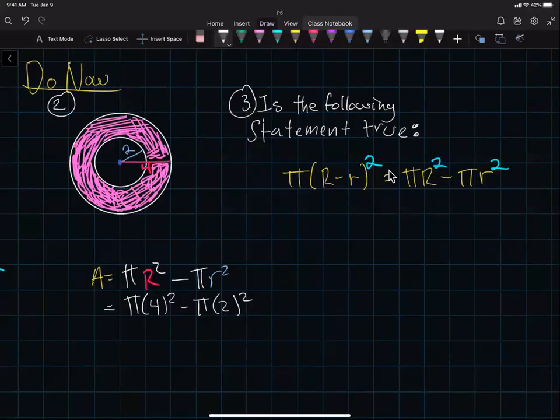Come on, even if you don't know the answer, just make a quick guess. Do you think that pi times parentheses capital R minus lowercase r squared should be the same as if you distribute the power of 2 to the things that you have inside?